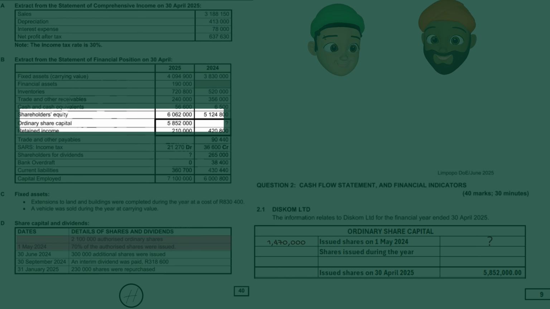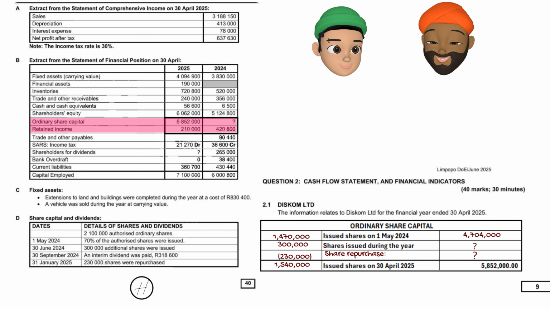The issue is the rand value, and we shall work with what we have. From the trial balance, we are told that on 30 April 2025, ordinary share capital was 5,852,000 rand. This is already given in the answer book, so we are good. With the information at hand, we can easily calculate the average price of each share. This will be the 5,852,000 divided by 1,540,000 shares, giving us an average price of 3 rand 80 cents per share.